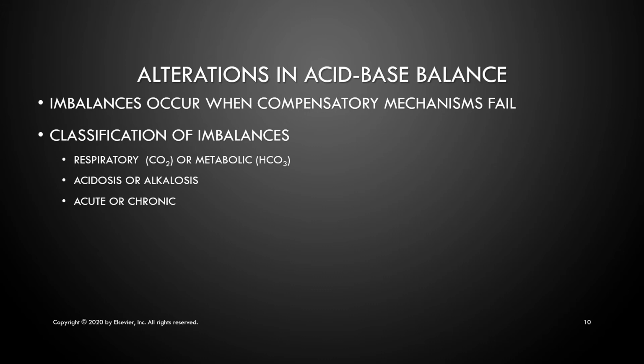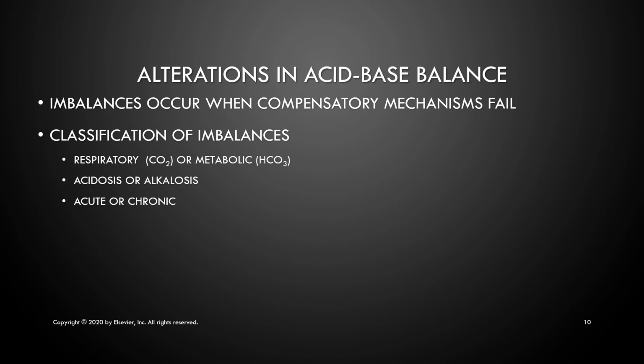So, learning to interpret these is going to help you determine an actual problem within a renal system or within a respiratory system that's going on with your patient. So, like we've already said, we're going to classify these as either a respiratory imbalance or a metabolic imbalance if it's going to be on the renal or molecular side that has an issue.